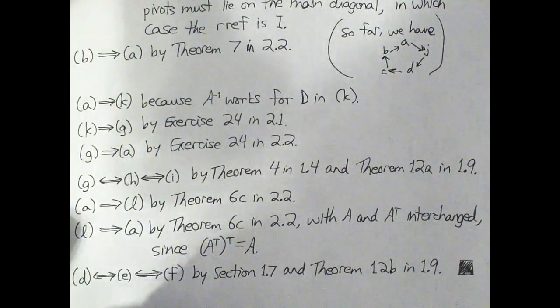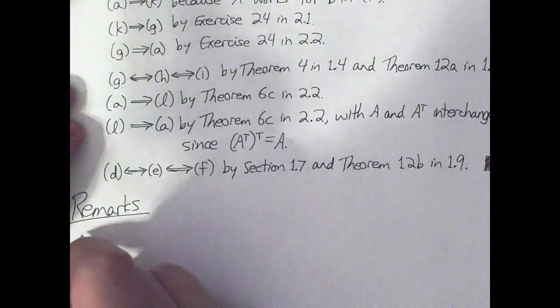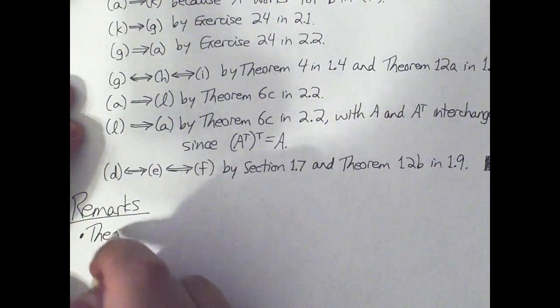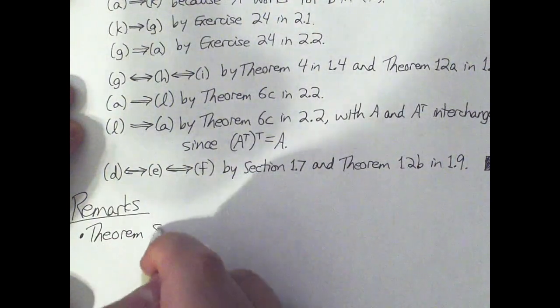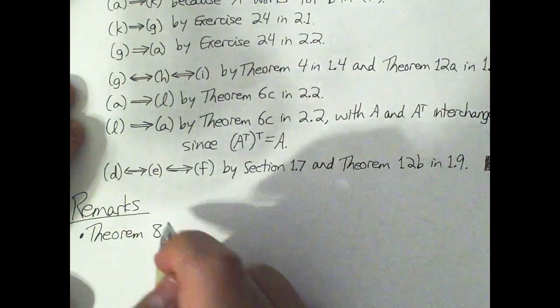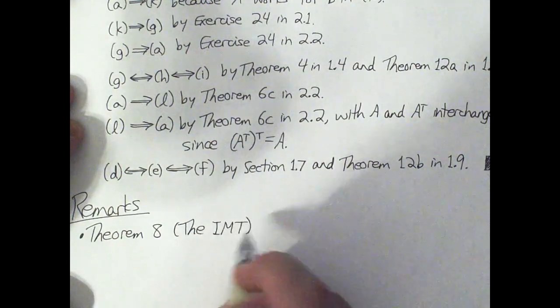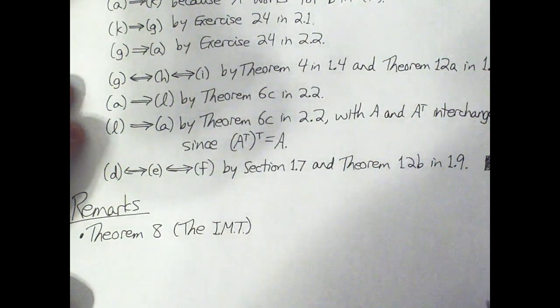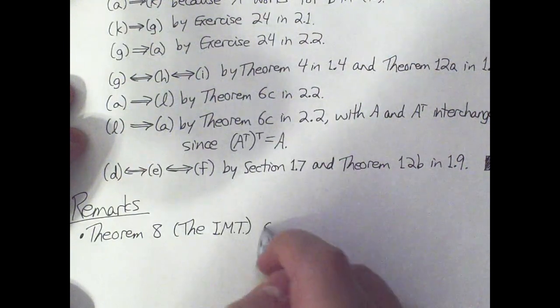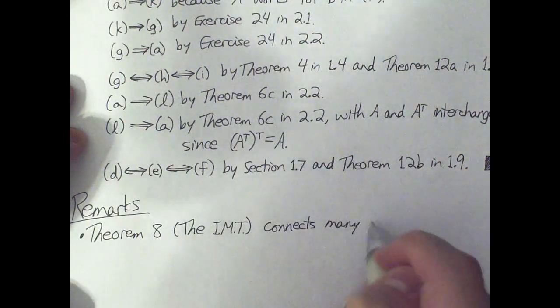Let's talk about it a little bit. We've been talking about it for a while, but let's continue. So theorem 8. We keep calling it the invertible matrix theorem. We might call it the IMT, if you want to abbreviate it. The IMT connects many ideas together.